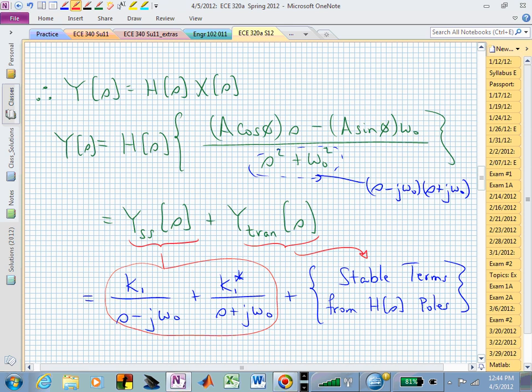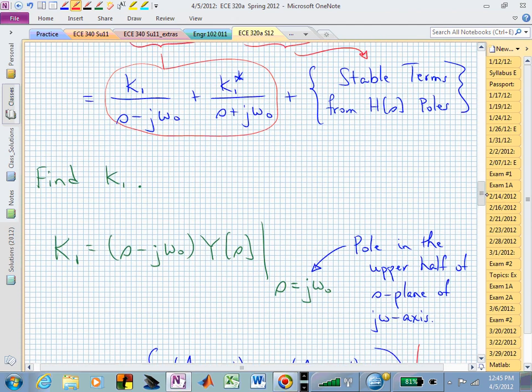That's all we're looking for. Is it clear where that bottom expression is coming from? That's just the partial fraction expansion, and I didn't explicitly define capital H of S. I just said it has stable poles, and so I'm not even going to worry about the remaining terms in that partial fraction expansion. They will all decay with time.